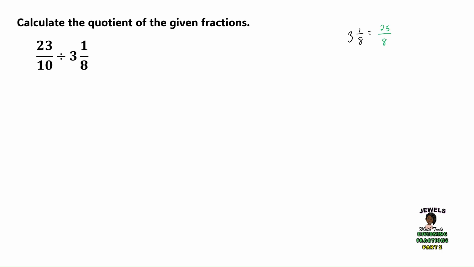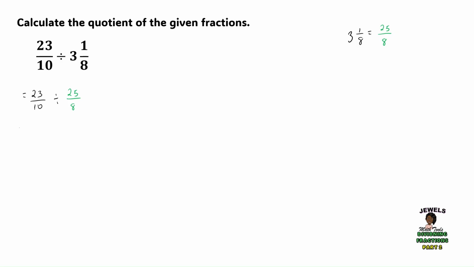So now that we have done our conversion, let's substitute that back into our question in place of our 3 and 1/8. And then afterwards, we are going to go through our steps with converting our division into its multiplication form. So now let's go through the steps.